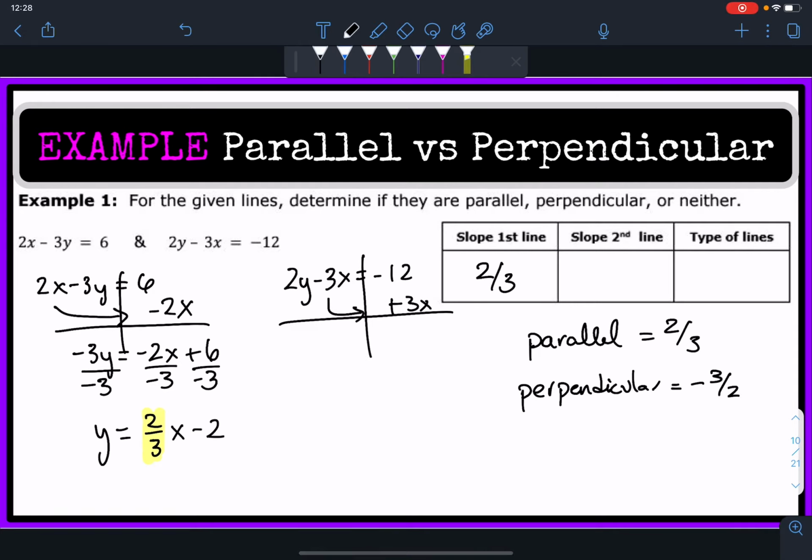And bringing everything down, we get positive 2y is equal to positive 3x minus 12. We're going to divide by 2, and the value of y is going to be positive 3 over 2x minus 6. And again, we're only interested in the slope, the number there, which is equal to 3 over 2.